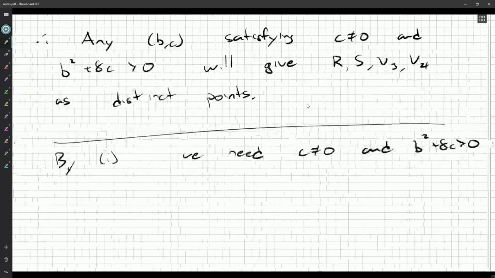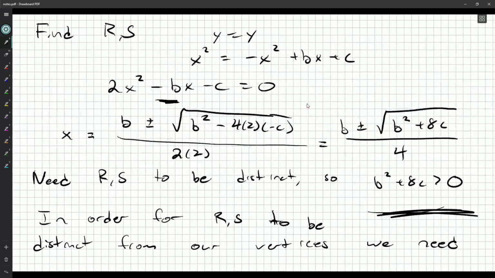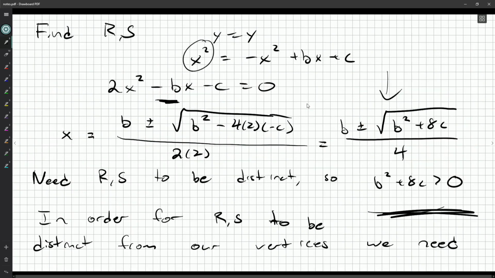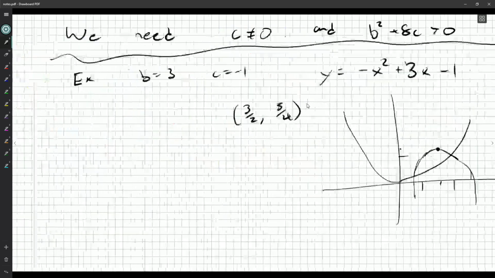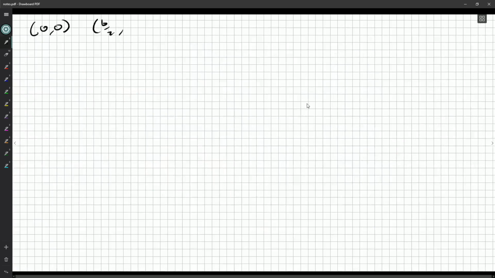Okay, and we have expressions for all the points here. Well, we don't have expressions for all the points, right? We just got the x coordinates here for R and S, but it shouldn't be that bad because we just need to square it. So, we got 0, 0, b over 2, c plus b squared over 4. B plus the square root of b squared plus 8c all over 4.